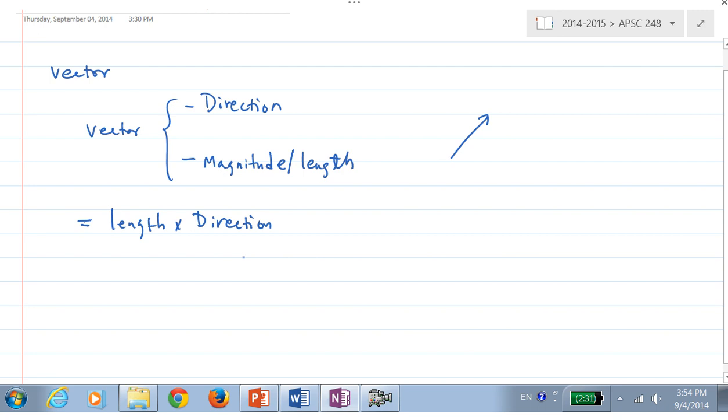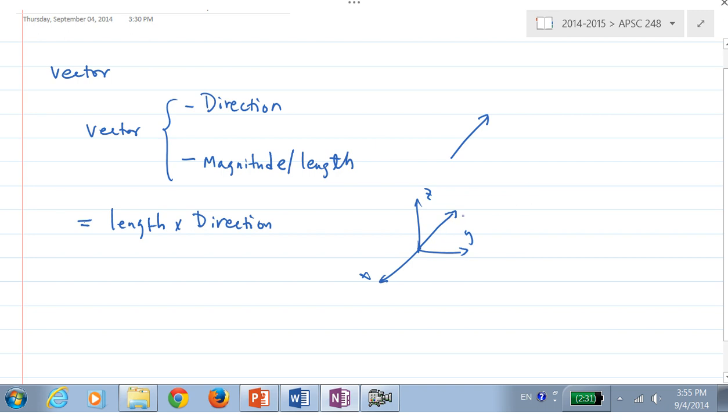So now I'll ask you a very quick question. This is the coordinate system we're going to use in 3D space, x, y, z. You see I will draw a vector starting at here, and then I'm going to draw another vector.